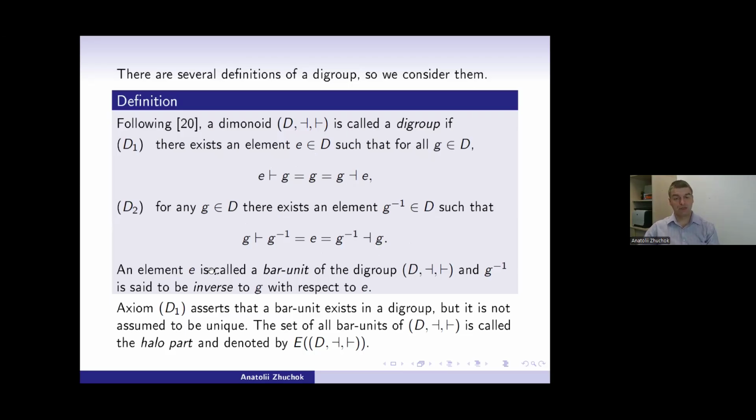The element E is called a bar unit of the D group, and G^-1 is the inverse. I want to note that a bar unit exists in a D group, but it is not assumed to be unique. So we can have a set of bar units, a set of elements E, and this set is called the halo.